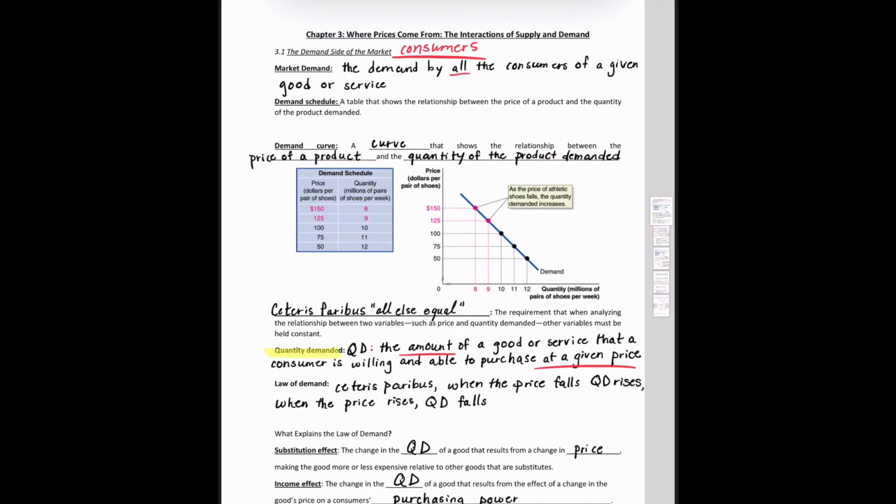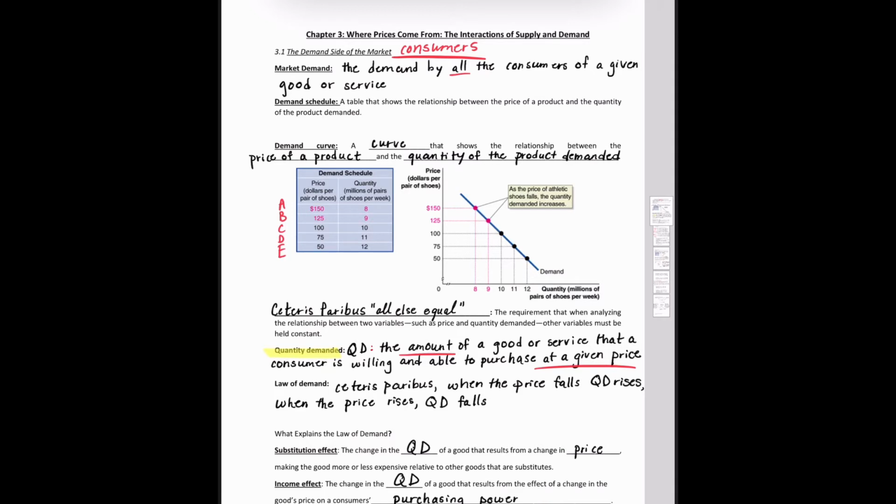So here we have two examples of our demand schedule and our demand curve. The table shows 5 different prices of goods, in this case, Nike shoes, and the quantity demanded at that specific price. I'm not making you graph this out, it's already graphed out.